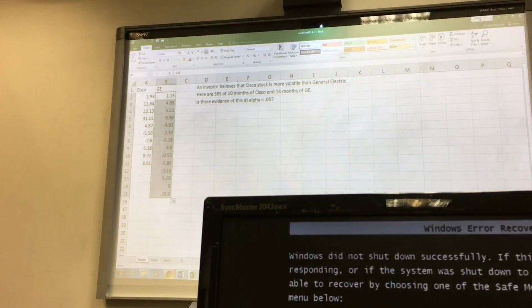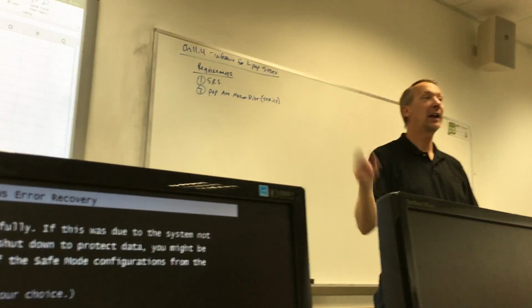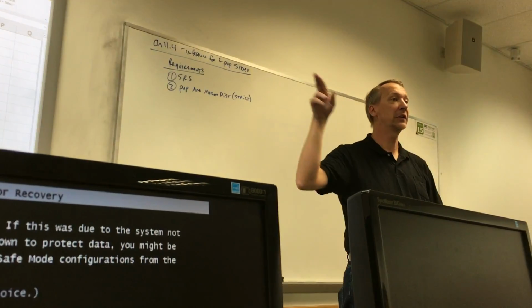So the first question that you should ask yourself is: qualitative, quantitative, or regression? Quantitative. Do you like to say categorical better? Categorical, okay, it's the same thing. Categorical, quantitative, or regression?